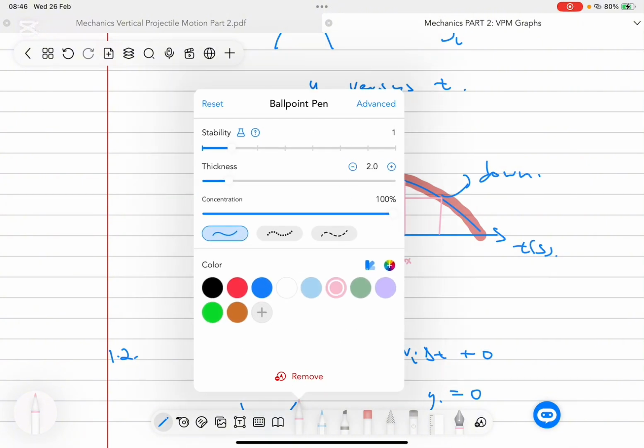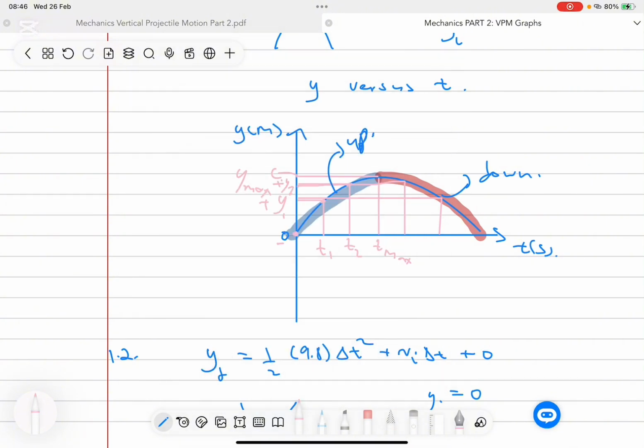That means from here to this point, we actually have change in T max, if I were to write it in terms of change in T.